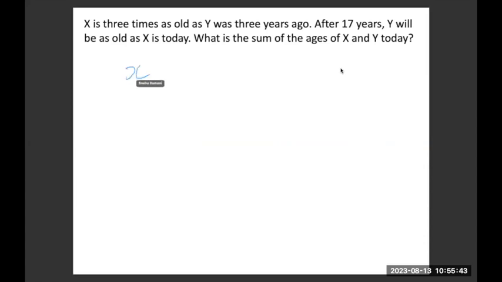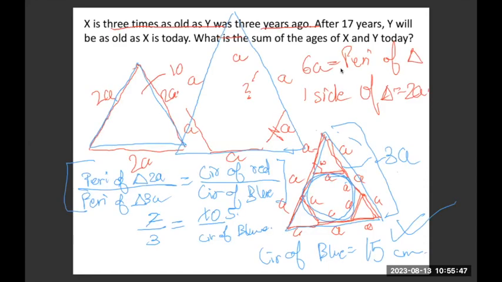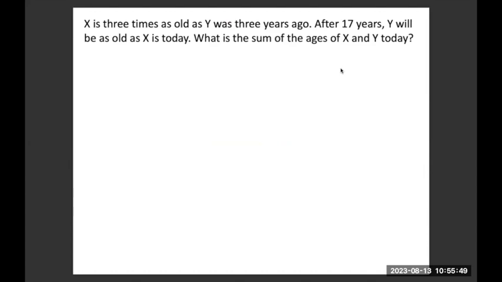So x is equal to 3 times y was 3 years ago. It's given that x is current age and y is also current age. X and y are the current ages of 2 persons.